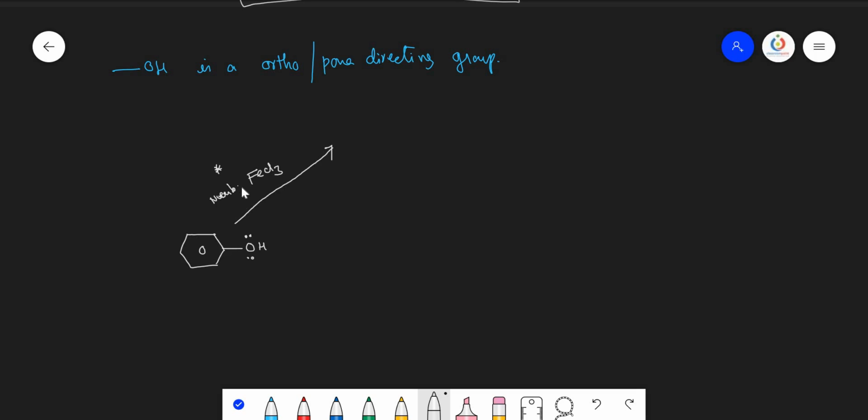What is the use? In FeCl3, Fe is having the +3 oxidation state, and OH of phenol can lose this H plus ion, so that it can create the negative charge. So after the formation of the negative charge, we get the phenoxide. This is the phenoxide.